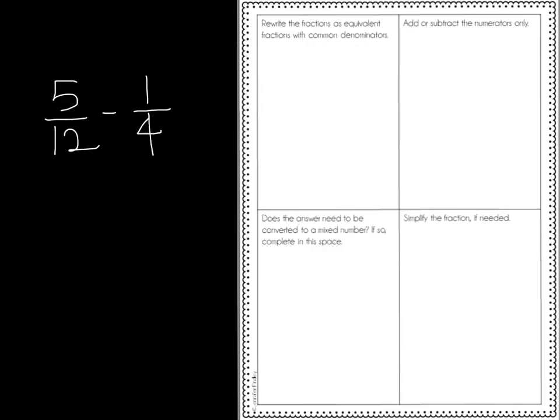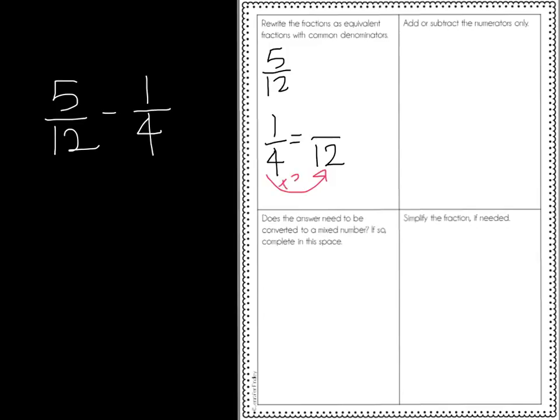So 5/12. When I check, I see this fraction already has 12 as its denominator, so I don't need to change it. 1/4 is a fraction I do need to change. I'll turn it into an equivalent fraction that has 12 as its denominator. Now I have to think to myself, what do I need to do to 4 to turn it into 12?